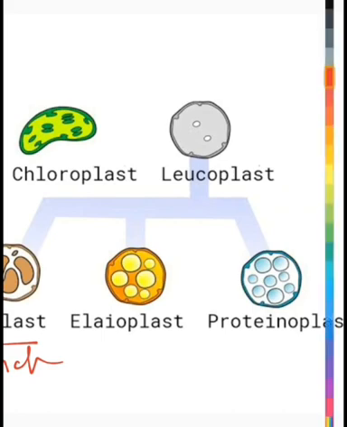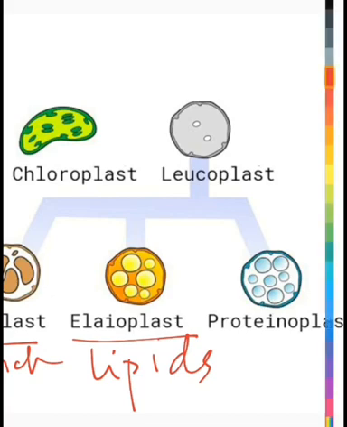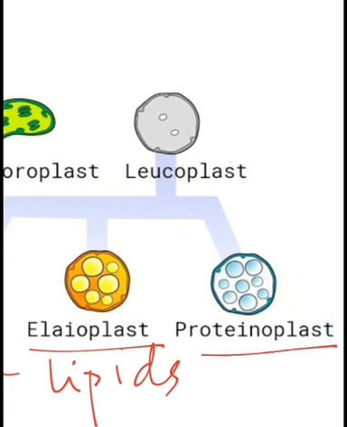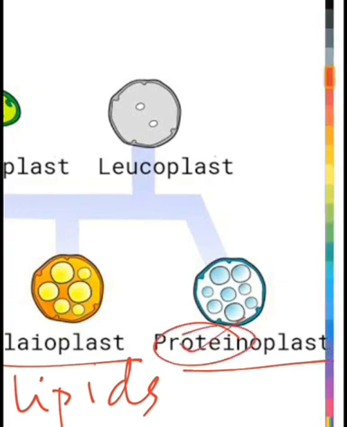Next one is the elioplast. Its main function is to synthesize and store lipids. Third one is the proteinoplast, and from the name only you can understand that it synthesizes and stores proteins within itself.